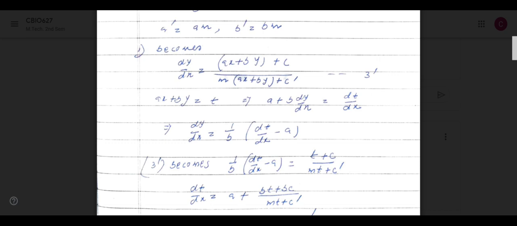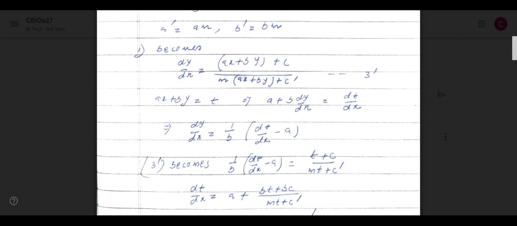Okay, so after substituting a' = a and b' = b, we got dy/dx = (ax + by + c) / (m(ax + by) + c'), equation 3'. The equation is now becoming 1/b (dt/dx - a) = (t + c) / (mt + c').